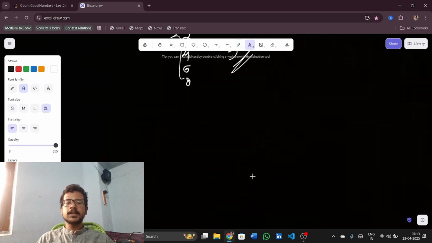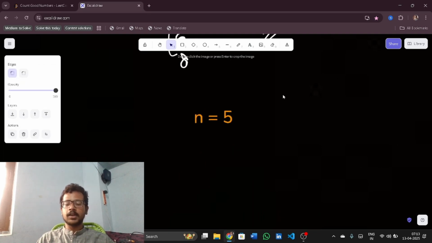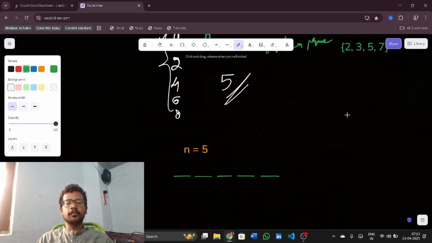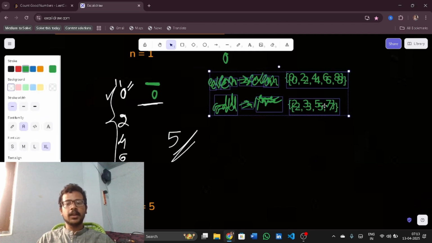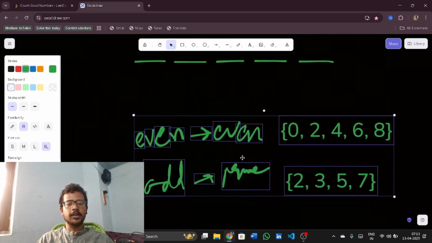But imagine n is equal to 5. Don't consider the example given in the question. It is simply a permutation and combination question. So we have 1, 2, 3, 4, and 5. At even indices we need an even digit, and at odd indices we need a prime digit.